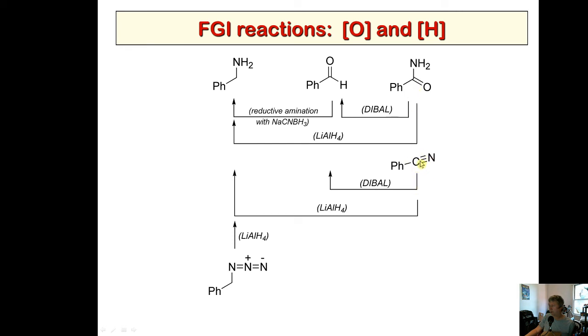Nitriles also can be partially reduced to the aldehyde or fully reduced to the amine. And then we also learned about azides as a way to make amines. You can synthesize the azide from an SN2 reaction, and then lithium aluminum hydride will reduce the azide and get you to the primary amine.